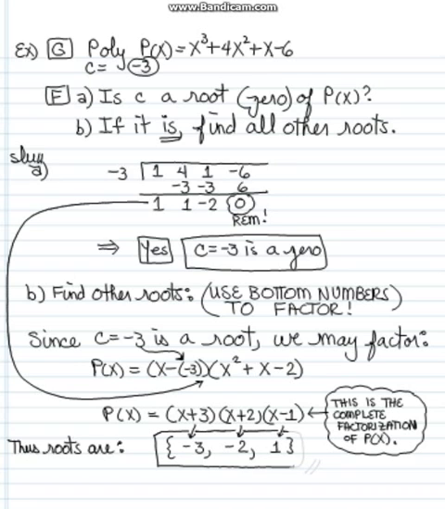So the list of all of the roots for this polynomial are negative 3, negative 2, and 1. Point is, if you get these things factored all the way down to 1st degree factors, the number being subtracted from x in the parentheses, those will always be the roots of your polynomial.